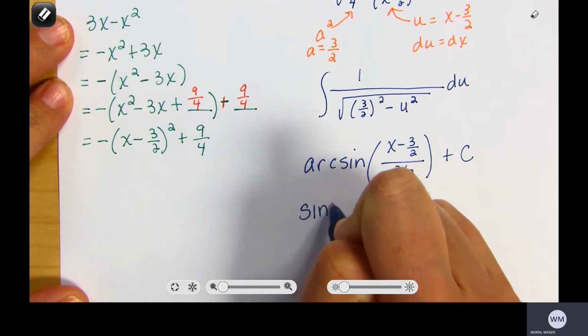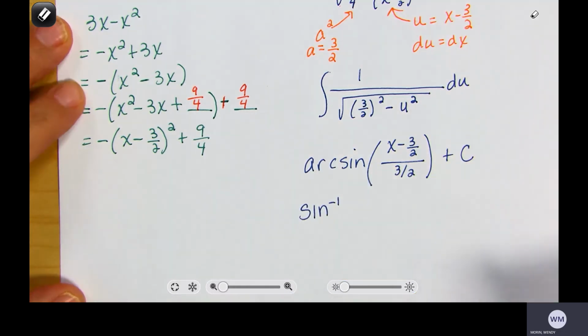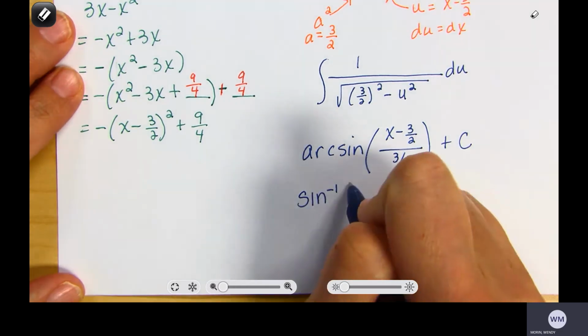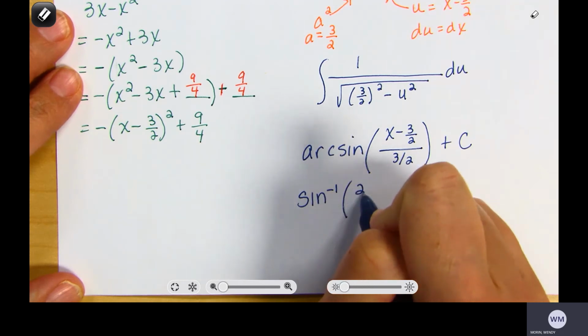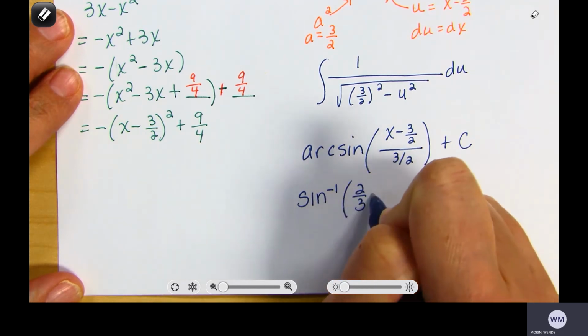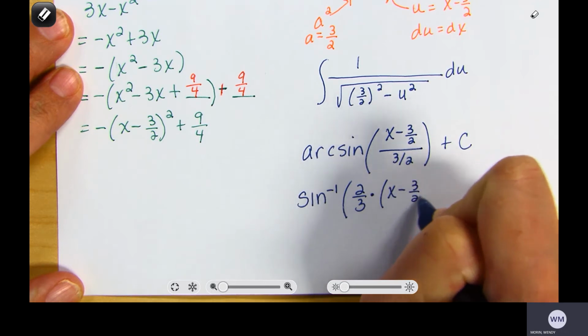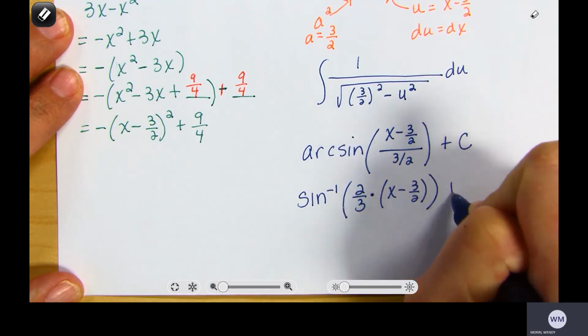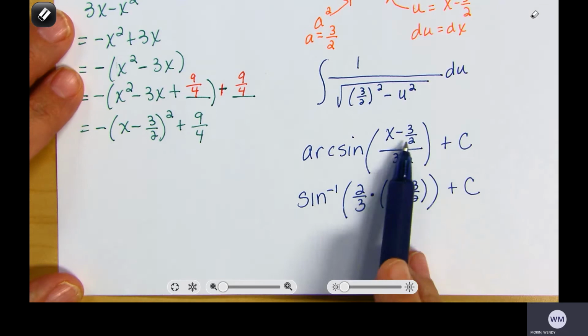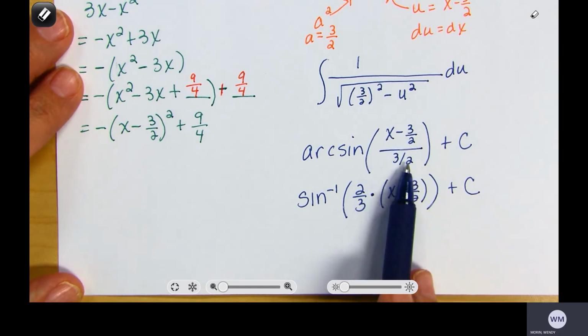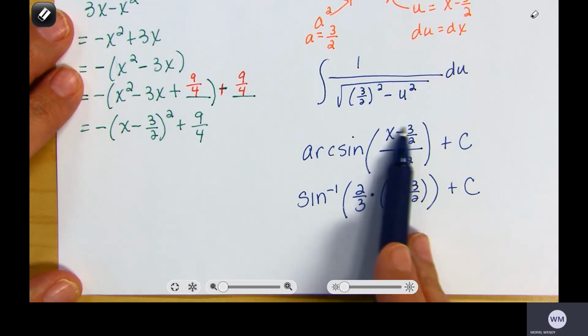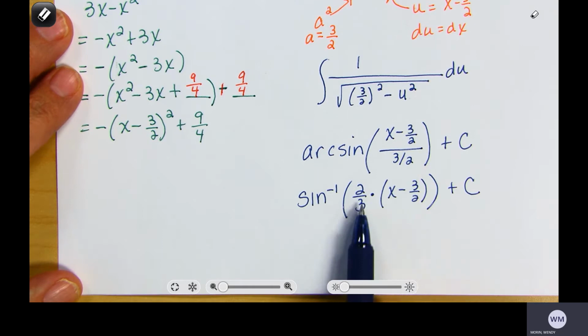So I'm going to change this to arc sine. I just like that notation better. It's personal preference. So I have 2/3 times x minus 3/2 plus c. So instead of dividing all of this by 3/2, I'm going to multiply all of this by 2/3.